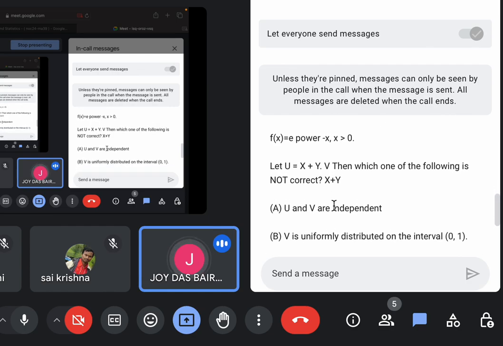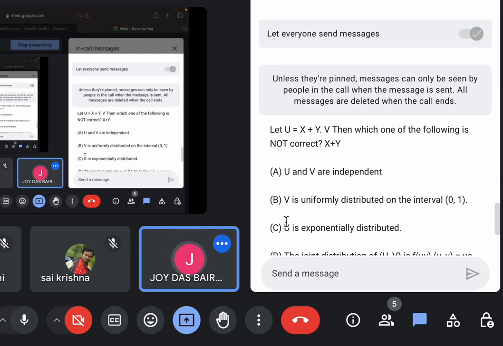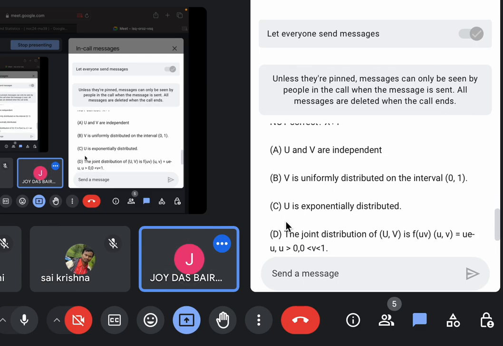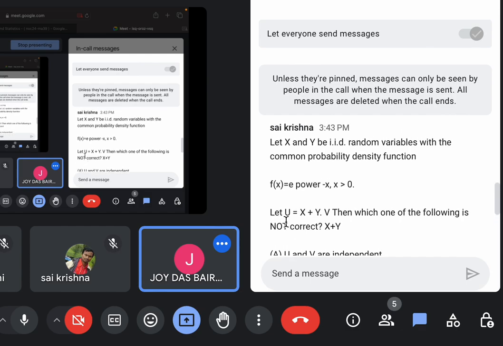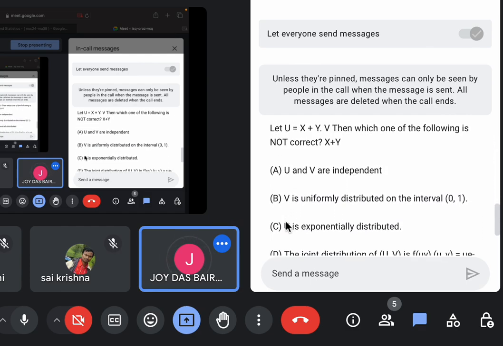So I don't know how one is going to solve this. Obviously B is correct, there is no worry about that. U is exponentially distributed.